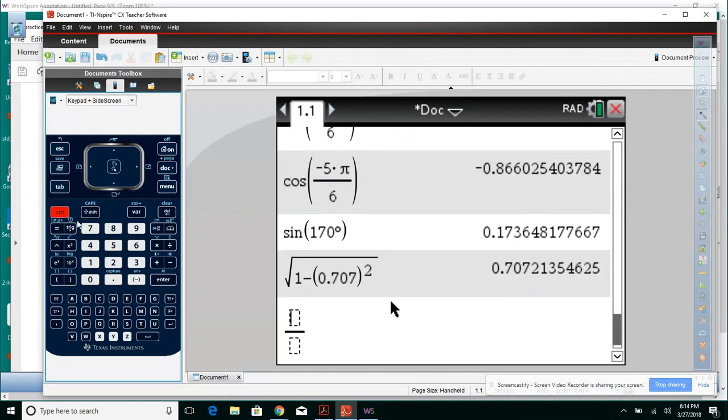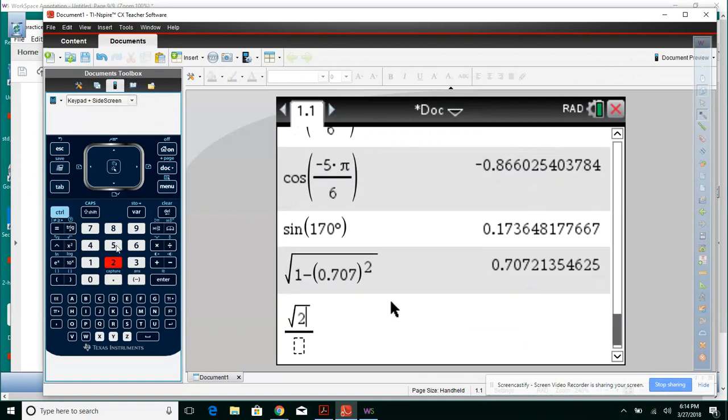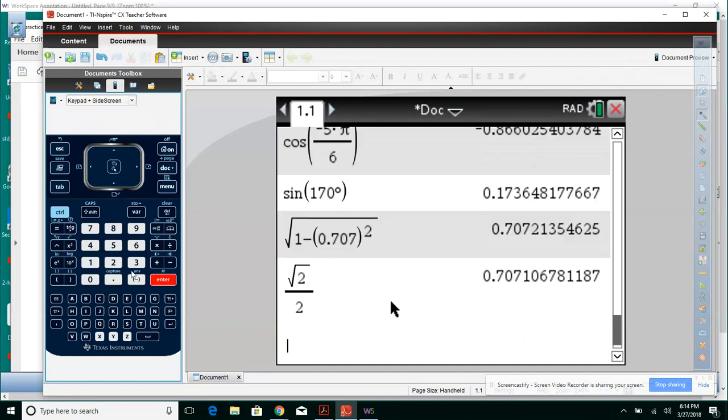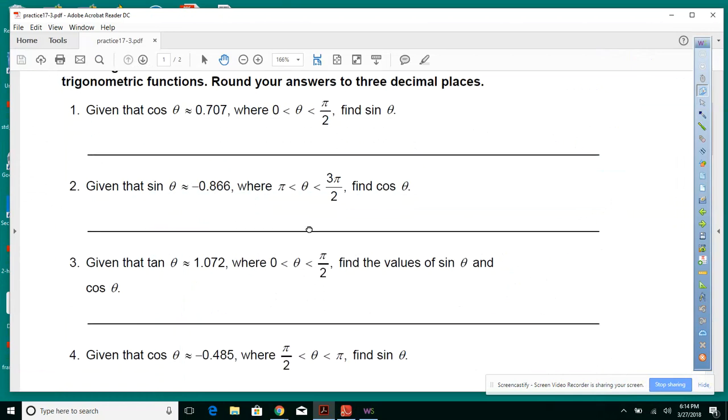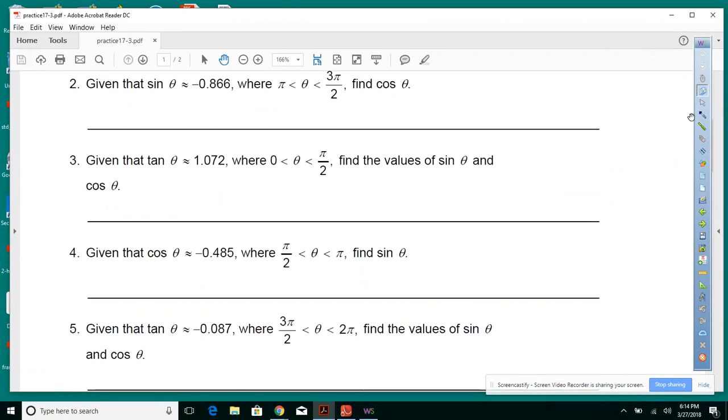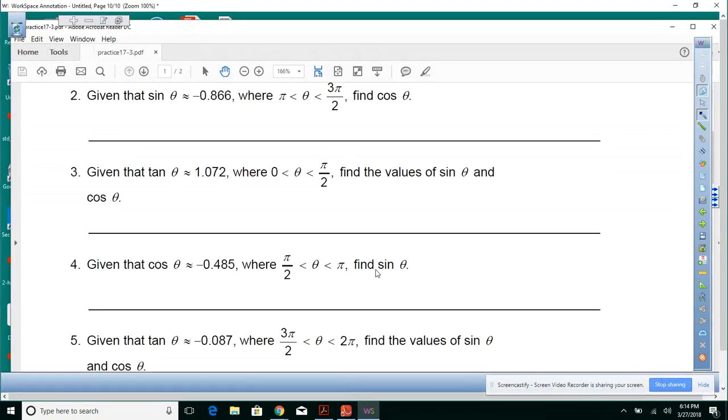Control, divide, and we'll put 2 over 2, and we get 0.707. Okay, see how close it was? That's real close. All right. Let's try number 2.